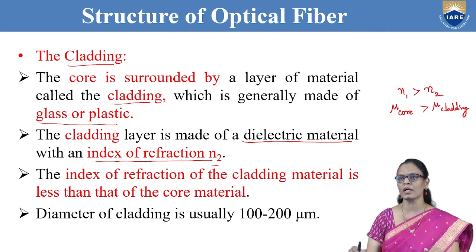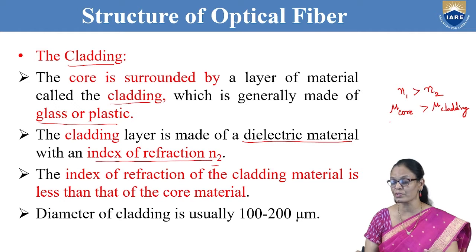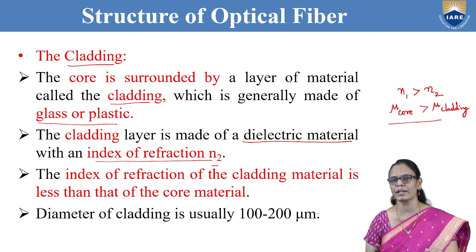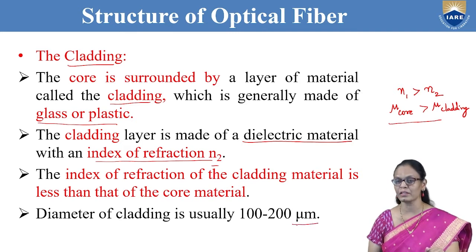When we talk about the working principle, we are going to discuss why the refractive index of the core should be greater than the refractive index of the cladding. And the diameter of the cladding is usually 100 to 200 micrometer. Again here, it is ranging from 100 to 200 micrometer.